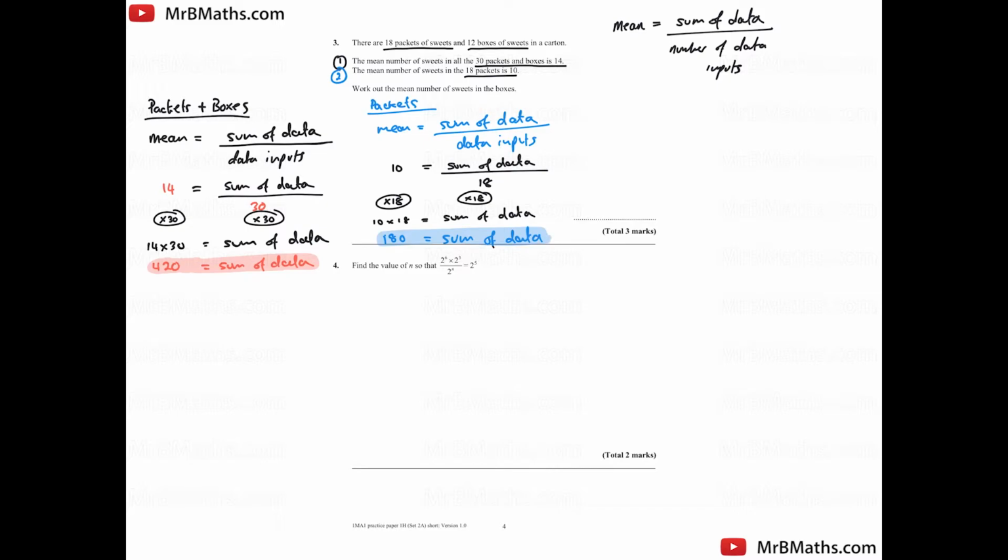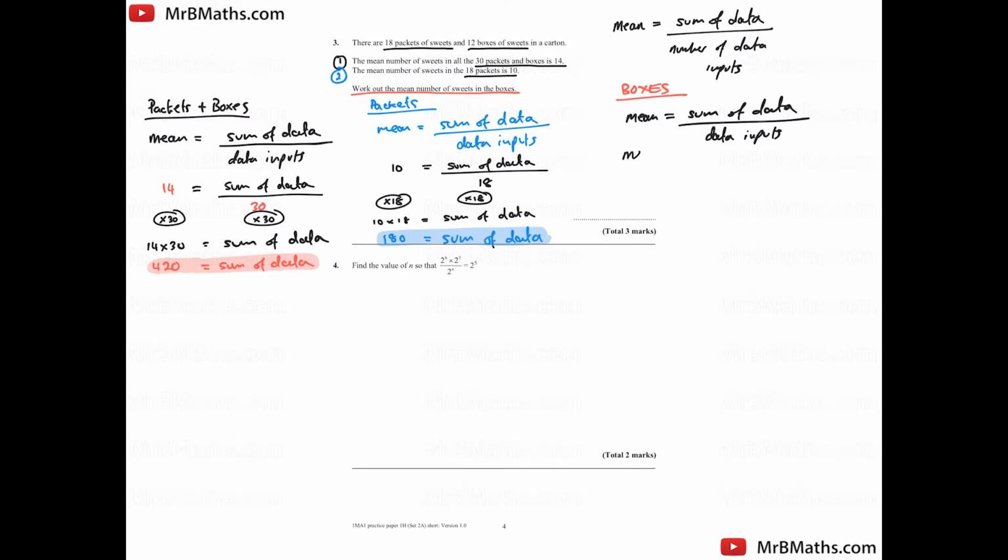Okay, so if we're looking here, we've got packets and boxes, and we've got packets. Now the actual question itself says work out the mean number of sweets in the boxes. So we need to find boxes. Again, if I write that formula, mean equals sum of data over the data inputs, that's just the number of values.